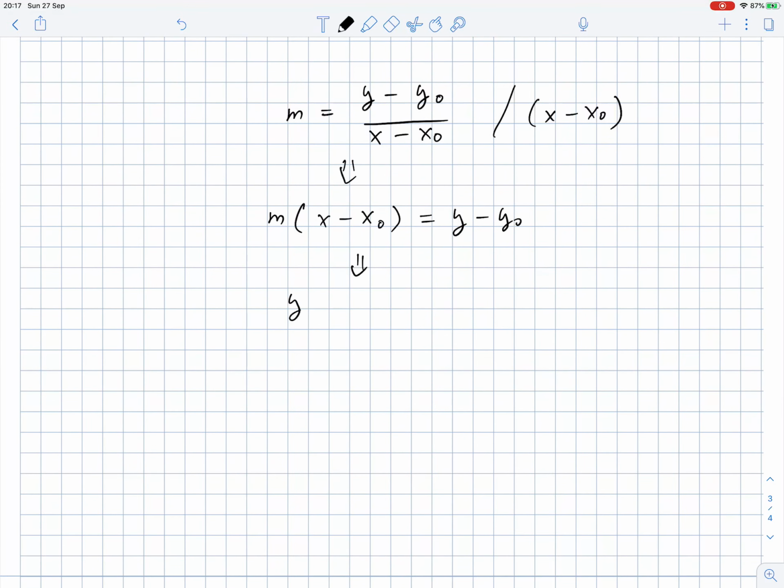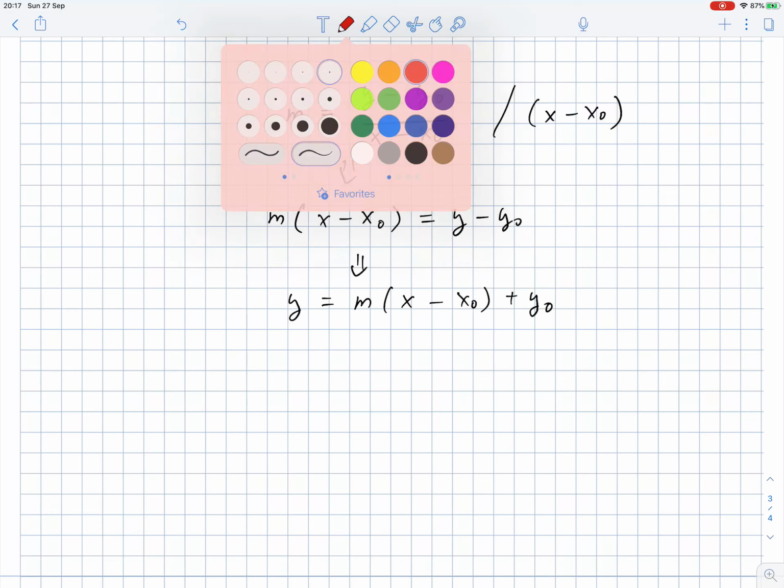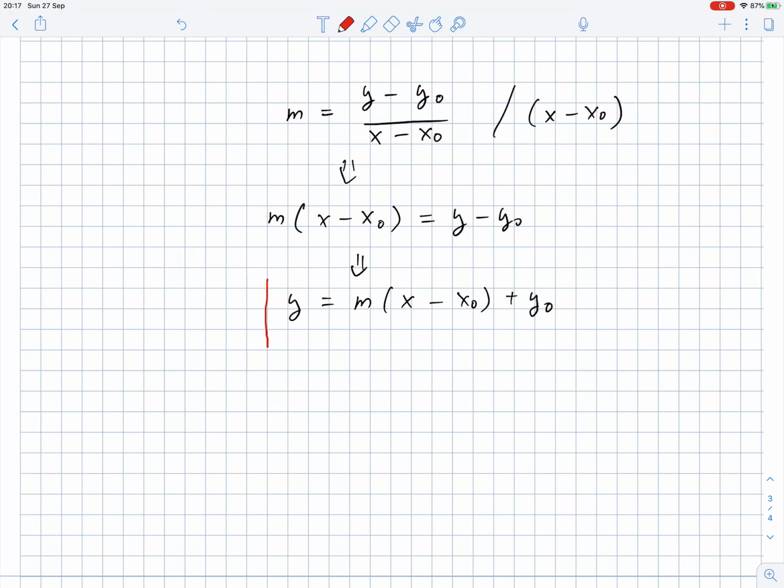Therefore, y equals m times x minus x0 plus y0. And that's it. That's what you see here. This is actually the general expression of a linear function. It's like a formula for a linear function.